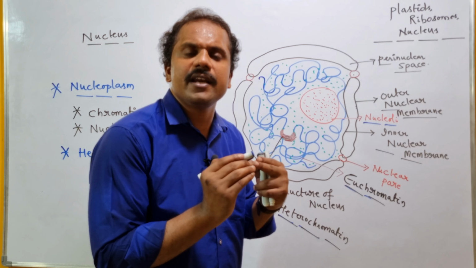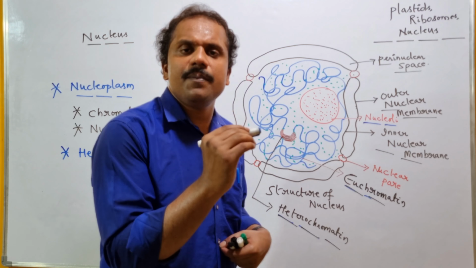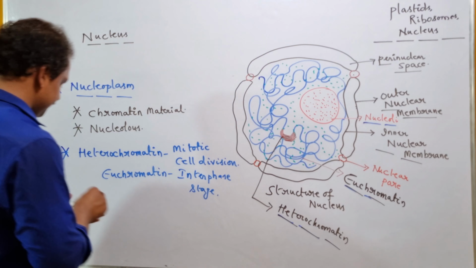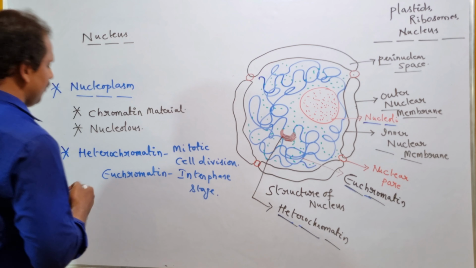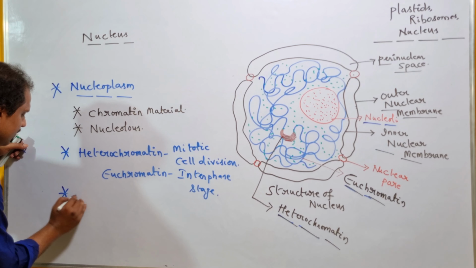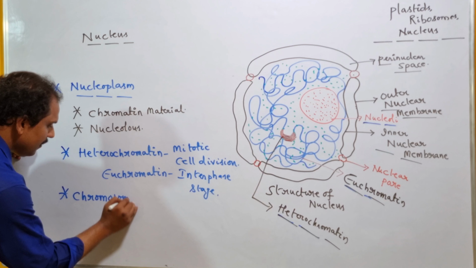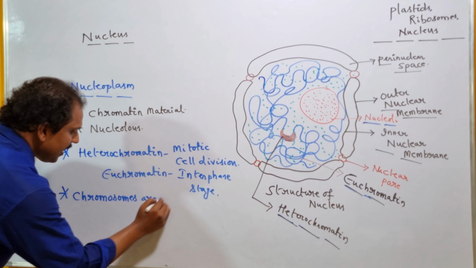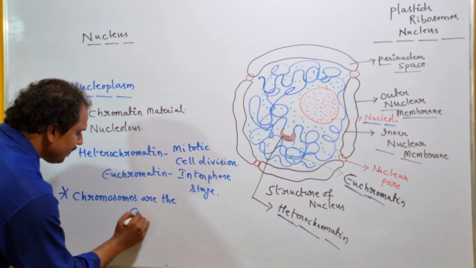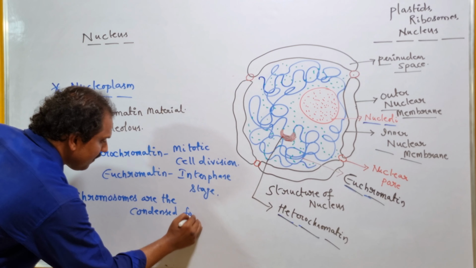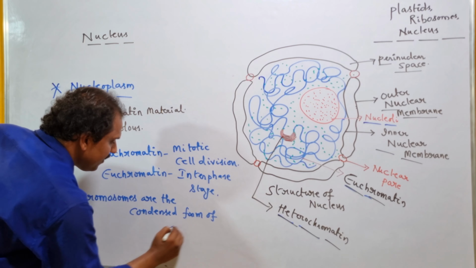Here the chromatin material remains successfully packed within the chromosomes. Chromosomes are the condensed form of chromatin material.